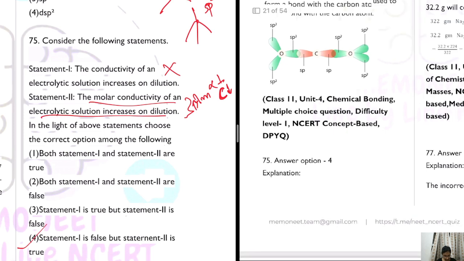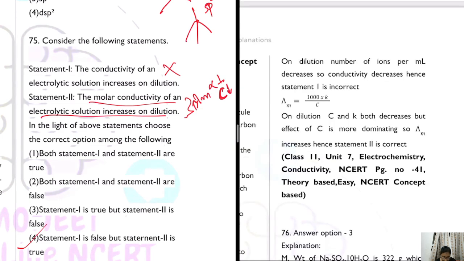Let's see, on dilution, the number of ions per ml decreases. If I have a 1 molar solution and I dilute it to a lesser concentration, the number of moles per ml will decrease. What is molarity? Mole per liter. So it would decrease.